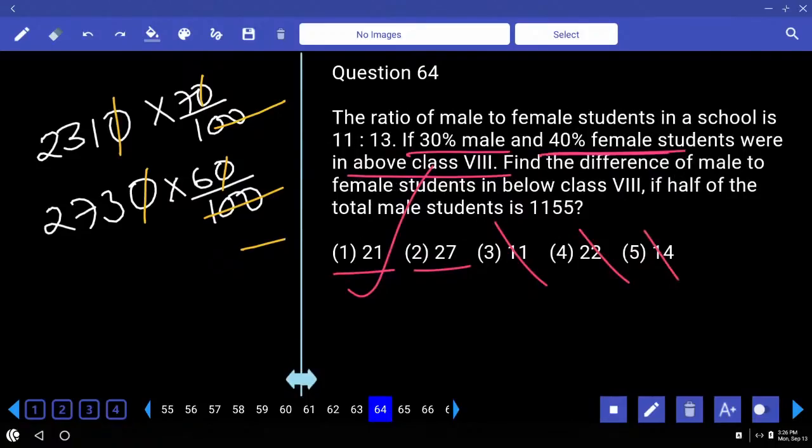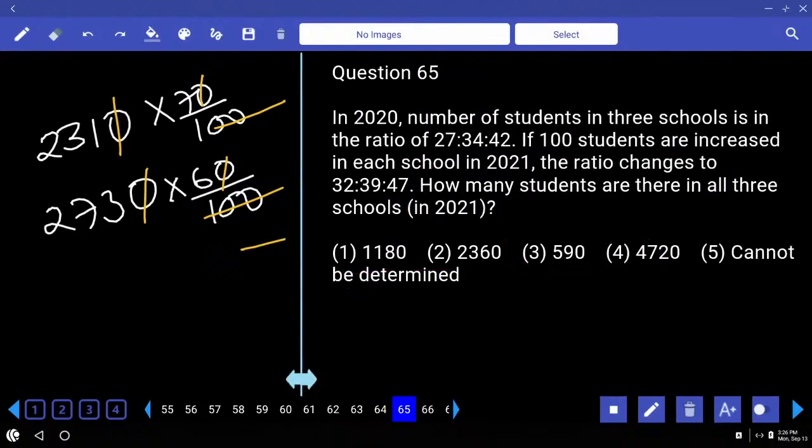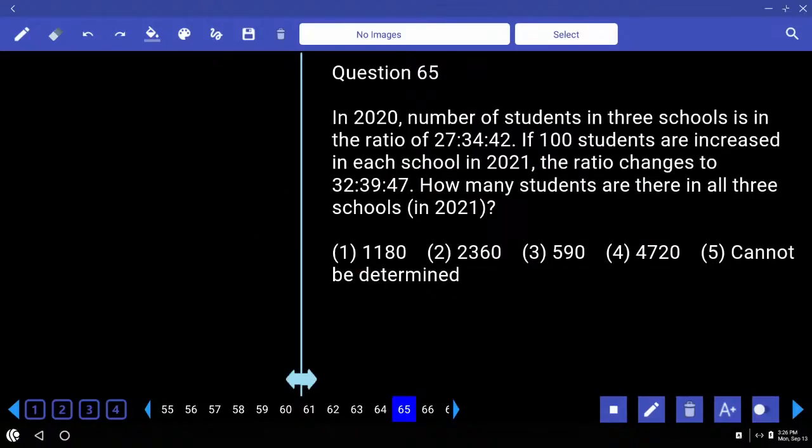Concluded. Right, next. In 2020, the number of students in 3 schools is in the ratio of 27, 34, 42. If 100 students are added to each school in 2021, the ratio changes to 32, 39, 47. So in each class they are adding 100 members. Earlier in the first class it was 27 parts, but now it becomes 32, increased by 5.